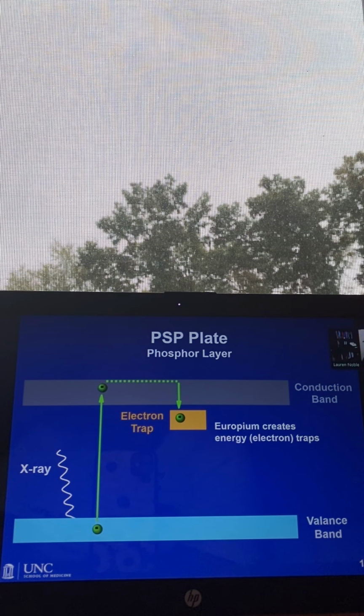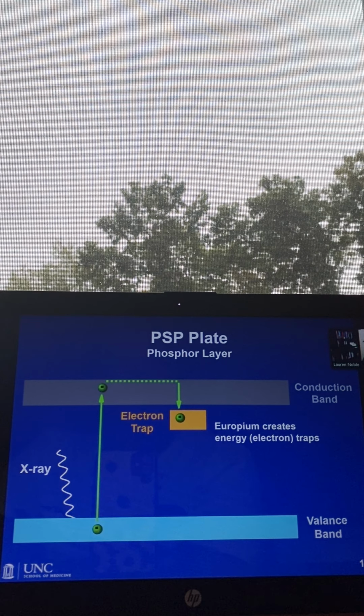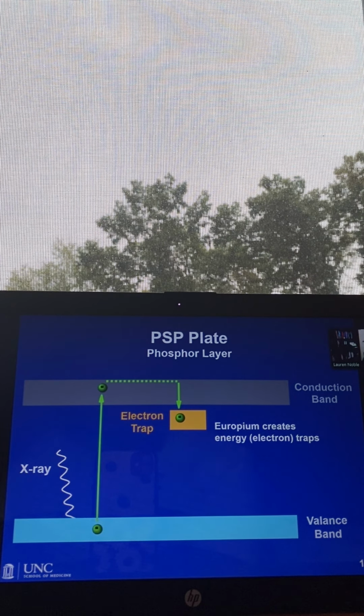Okay. So there is europium that is added into those phosphor crystals to create these energy traps. So these energy traps will trap these electrons, and it will prevent these electrons from either settling back into position with the atom that it was ejected from, and it also prevents it from settling into the atom next door if there's a vacancy.